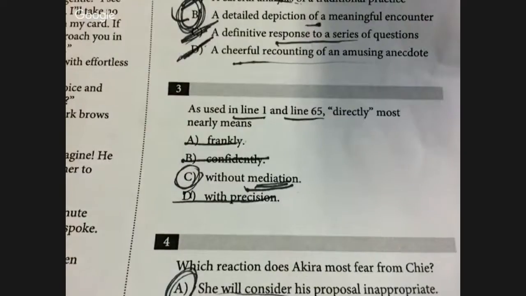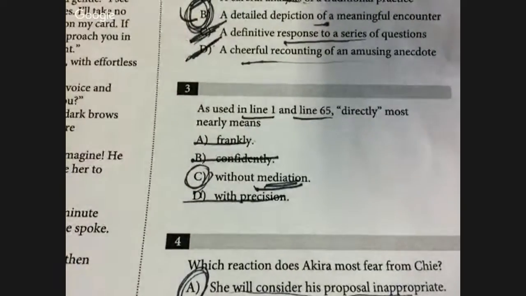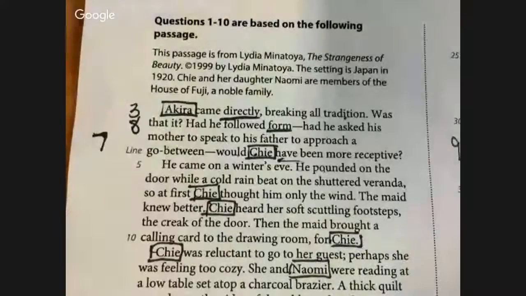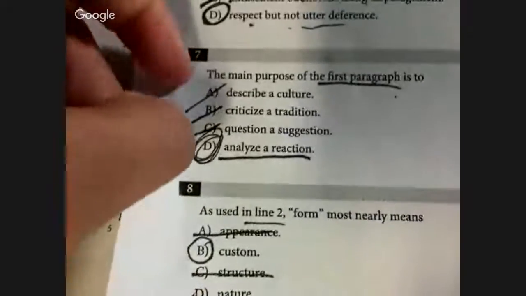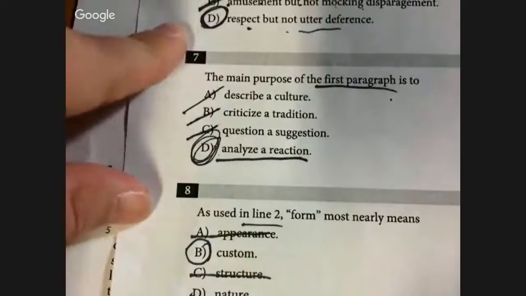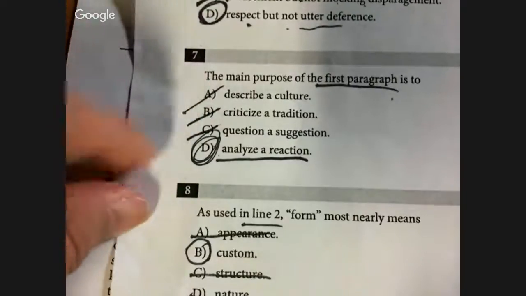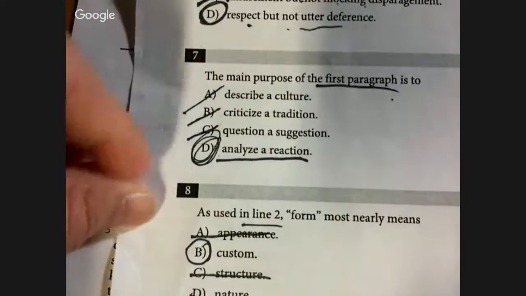So we need to wait until we get to the word again in line 65, then we can compare the two and answer the question. Question 7 is, the main purpose of the passage is to... well, we're not really sure what role it's playing in the greater passage, so we'll wait to answer this question.